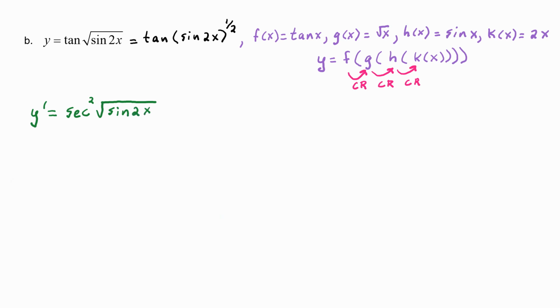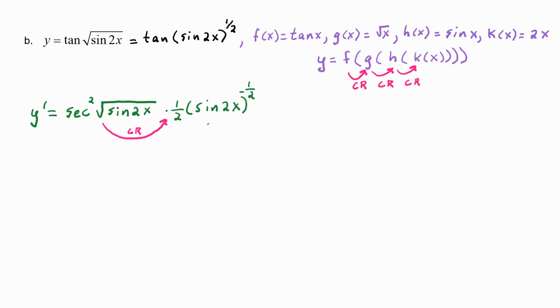Now, the chain rule tells us that we have to find the derivative of that stuff, which is square root of some other stuff. So then the derivative of square root of some stuff is 1/2 times the stuff, which is sine 2x, then subtract 1 from the exponent, and we get negative 1/2.